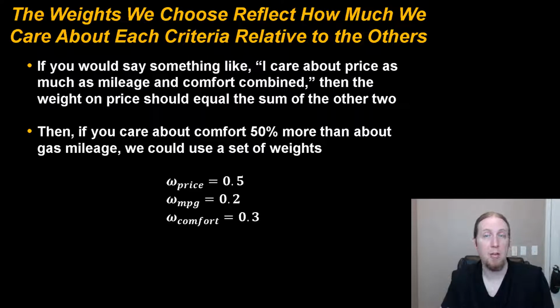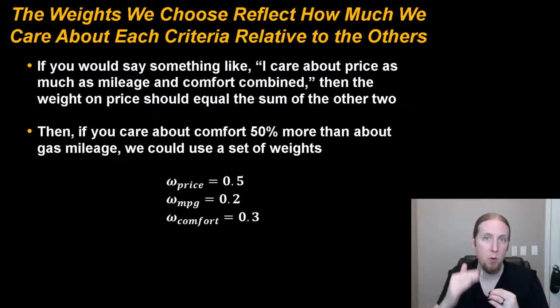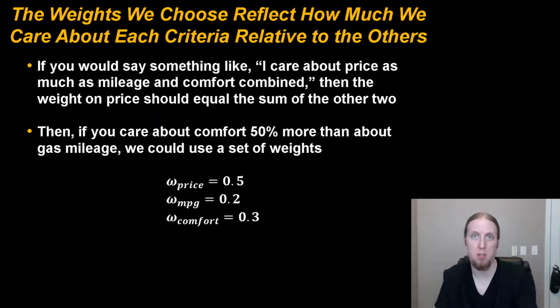So from that, we can get an equation that says omega comfort equals 1.5 times omega miles per gallon. And then we apply that third equation that says omega price plus omega miles per gallon plus omega comfort equals 1. That gives us three equations with three unknowns, so we can solve for this particular set of weights.